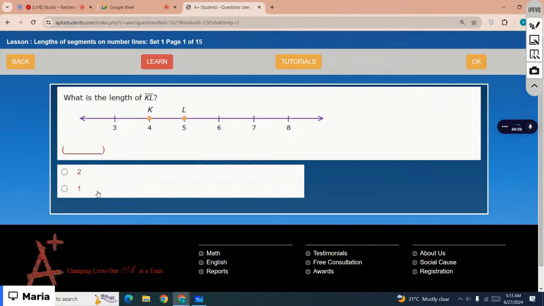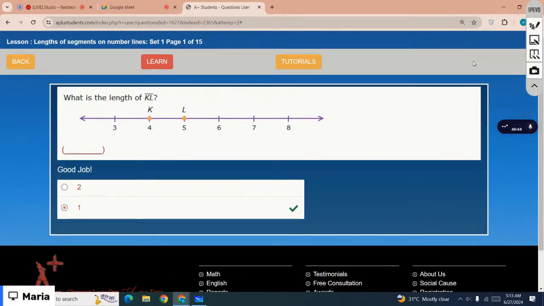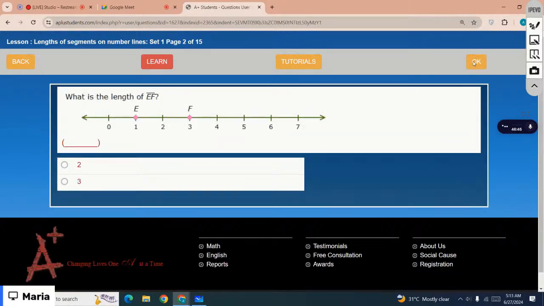The length of KL is 1. What is the length of EF, which is the correct option?